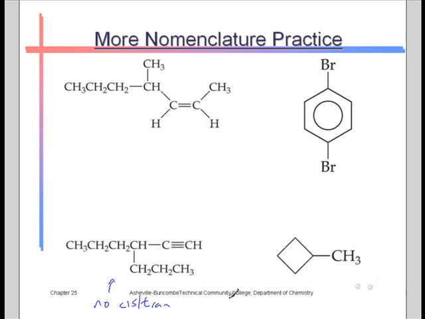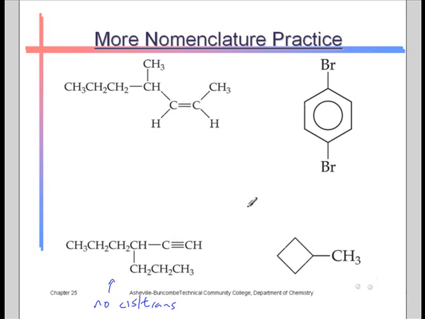There's no stereoisomerism issues with the triple bond. This is a linear structure, and it doesn't give rise to any kind of difference in the spatial arrangement of the groups. It's always linear, no matter how you substitute on either side here, which again is different here. In one case it looks like a bend, in the other case it looks more like a zigzag for cis and trans for the alkene.